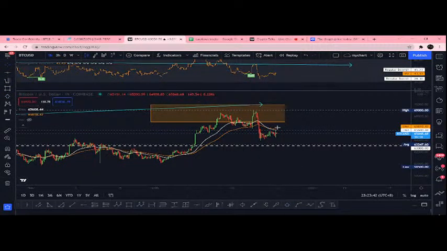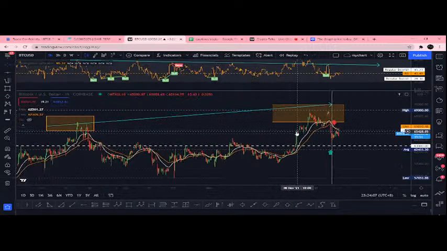Yung isang arrow dito. So, syempre, pag may ganyan, off muna ako. Kasi baka i-retest niya ulit tong $63 na yan. Kasi nahihirapan siyang mag-breakout sa EMA 30 and EMA 60 eh.